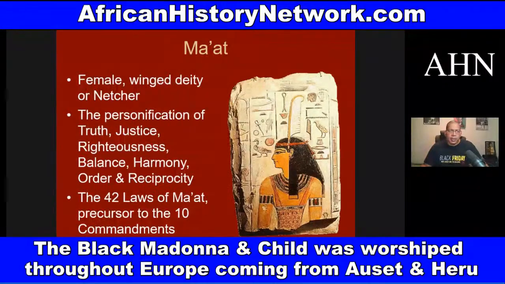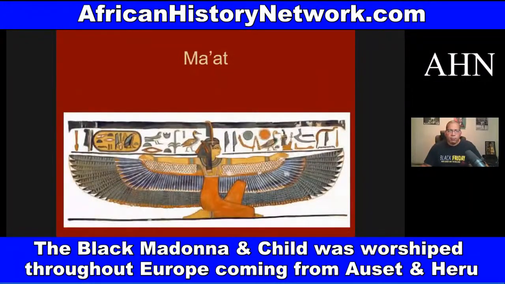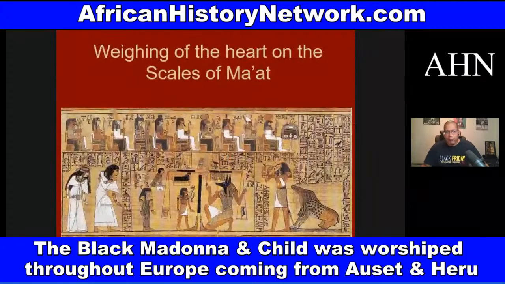Ma'at was depicted as a female deity with wings, and she had an ostrich feather in her headband. And you have the famous judgment scene. So when you die, your heart was weighed against the feather of Ma'at. Your heart was weighed against the essence of a woman on the scales of Ma'at. Okay, that's the judgment scene.